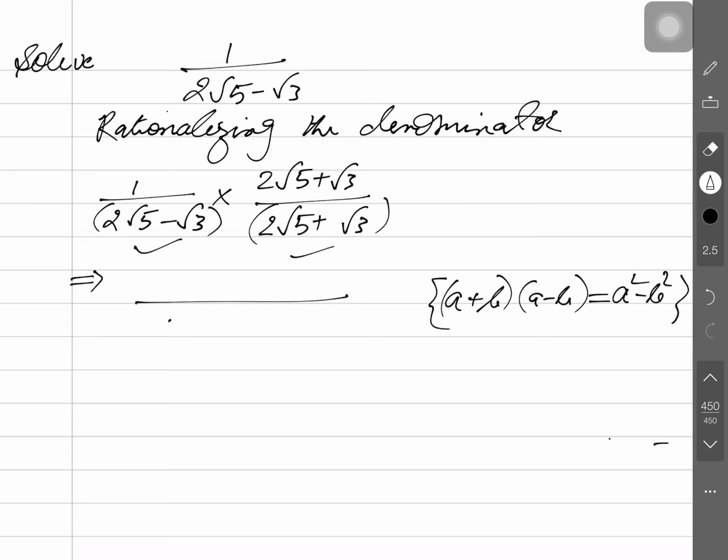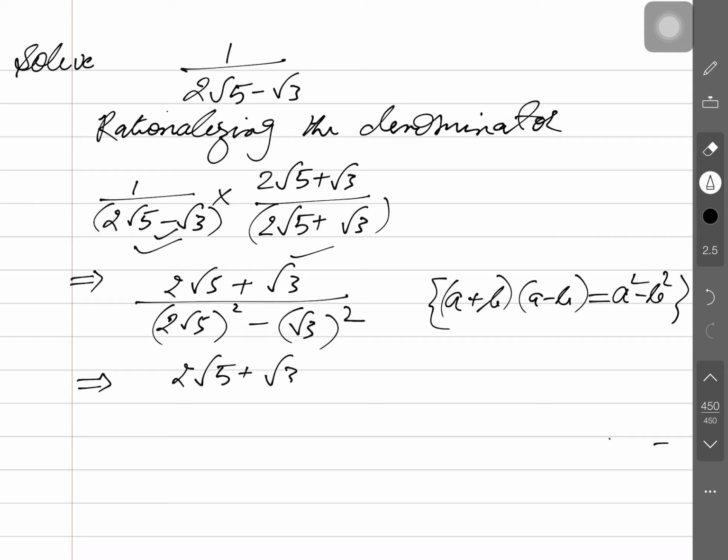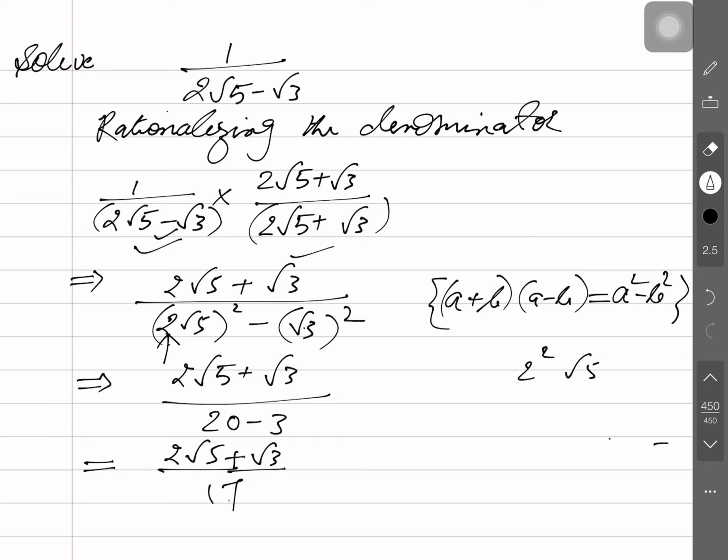Clear? So, 2 root 5 whole square minus root 3 whole square. The plus is converted into minus and minus is converted into plus. 2 2s are 4, and root 5 squared is 5, so 4 5s are 20, minus 3. Further, 20 minus 3 is 17.